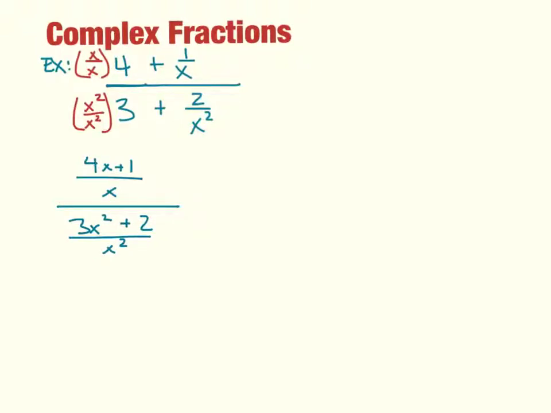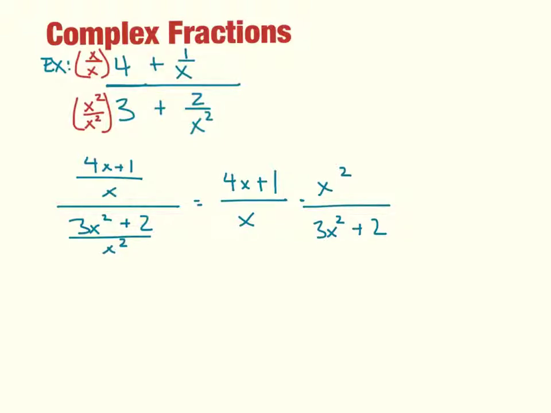Okay, so now that we have a fraction divided by a fraction, we take this denominator and we're just going to flip it and multiply it by the numerator. So this is the same thing as 4x plus 1 over x times x squared over 3x squared plus 2.